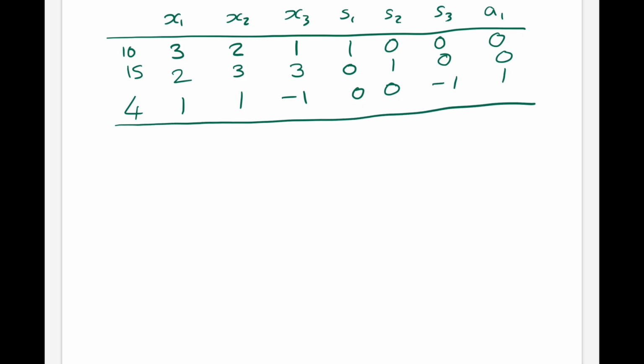Our original objective function was to maximize, so we will put the coefficients in negative. And our current phase 1 objective is to minimize the sum of the artificial variables, so we will put those coefficients in their original sign.